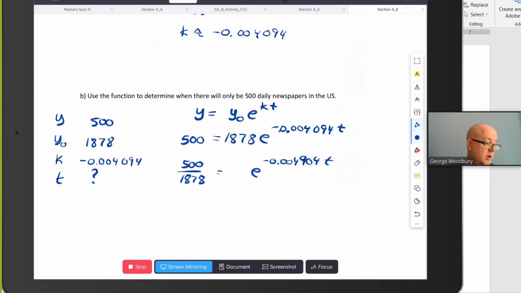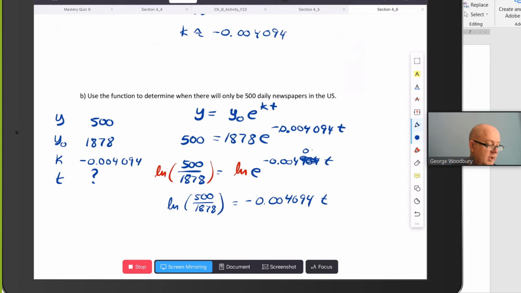Now we'll take the natural log of both sides. And we have the natural log of 500 over 1878 equals that exponent, negative 0.004094t. I may have said that correctly, but I sure didn't write it correctly, and that's how we get in trouble. So just be careful there.